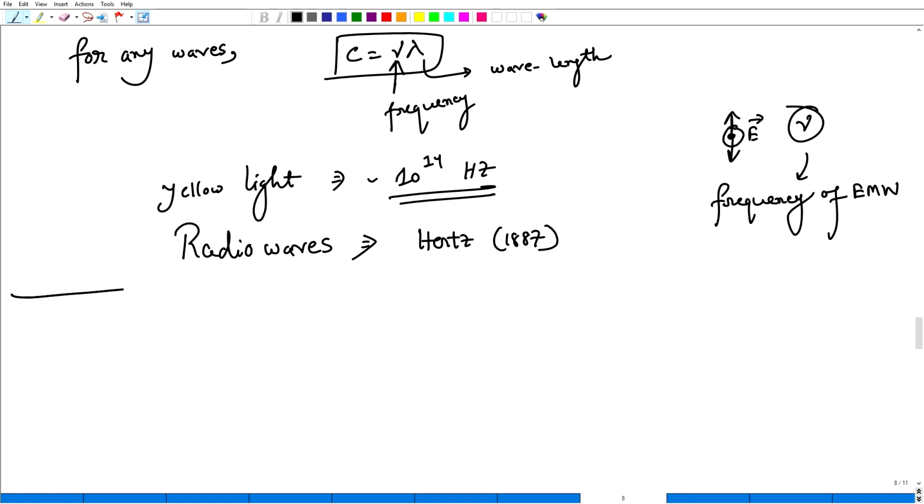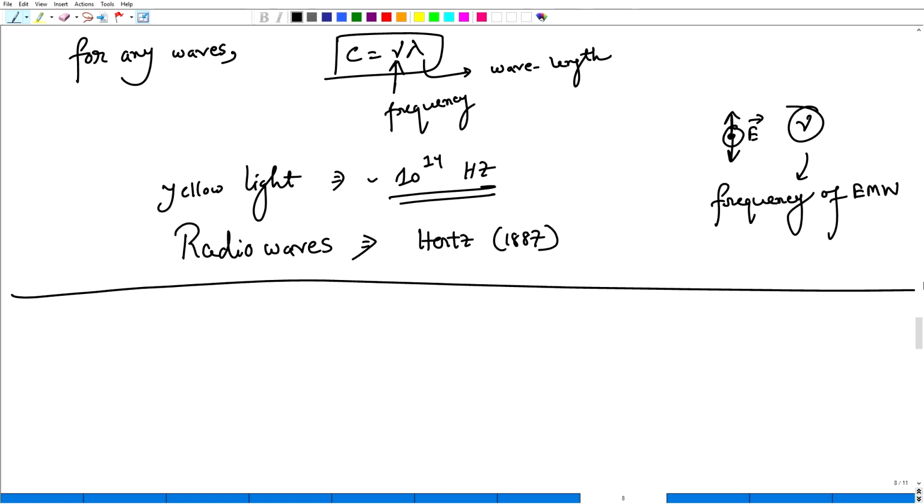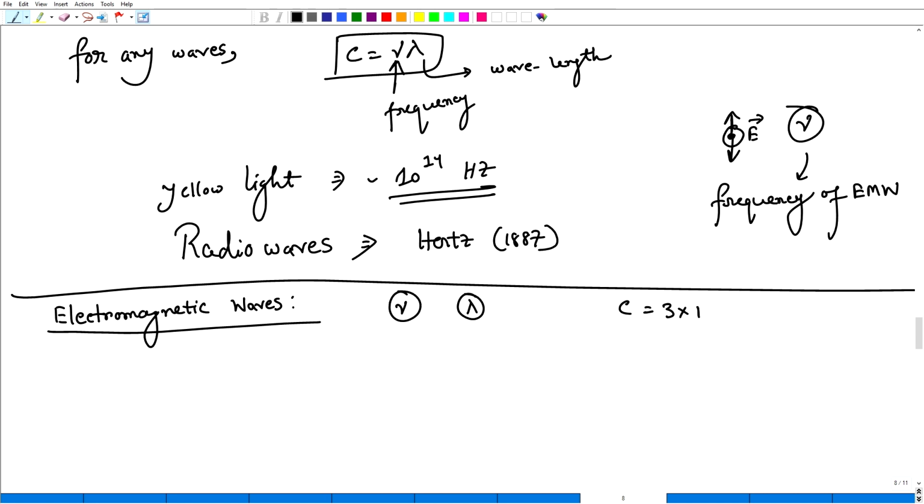Now, what is the range of our electromagnetic waves, that we have to understand. Okay. So, frequency and lambda, these two are very important parameters. We are considering C equals 3 into 10 to the power 8.